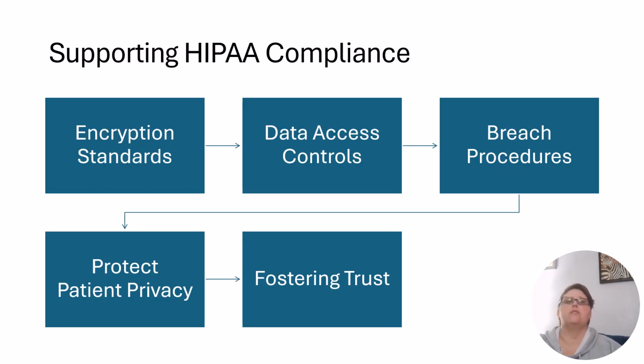There are a lot of ways for us to follow HIPAA compliance, but some of the most important ways are encryption standards, data access controls, breach procedures, protecting patient privacy, and fostering trust. If we do not have the trust of our patients to be able to care for them, then they are not going to want to come back to our facility. So we must ensure that we are fostering that trust along with that HIPAA compliance by following all of the guidelines.